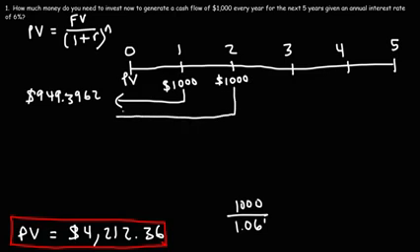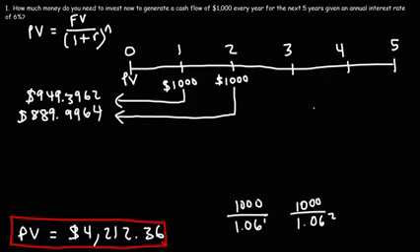What about $1,000 2 years from now? How much is that worth today at the present? So to get that, it's going to be 1,000 divided by 1.06 raised to the second power. So $1,000 2 years from now is worth $889.9964, which rounds to $890.